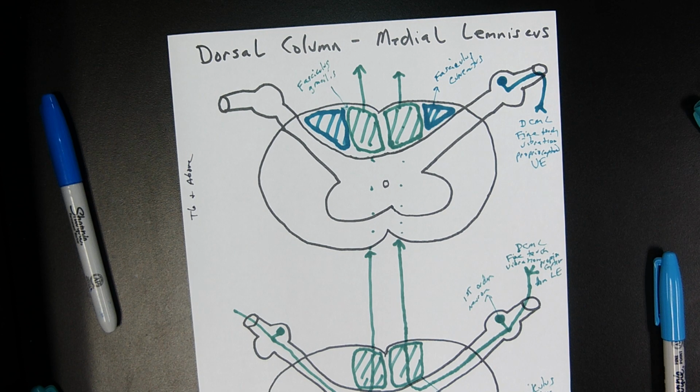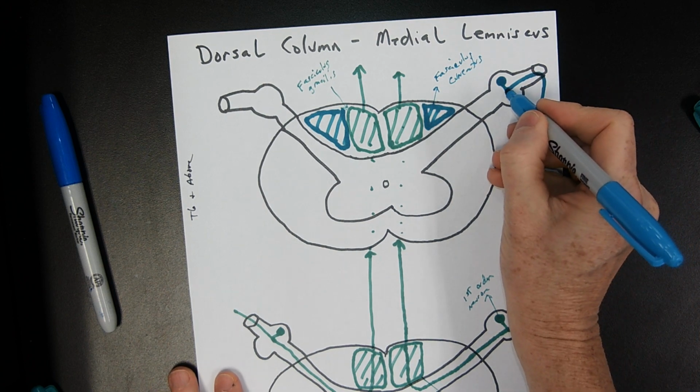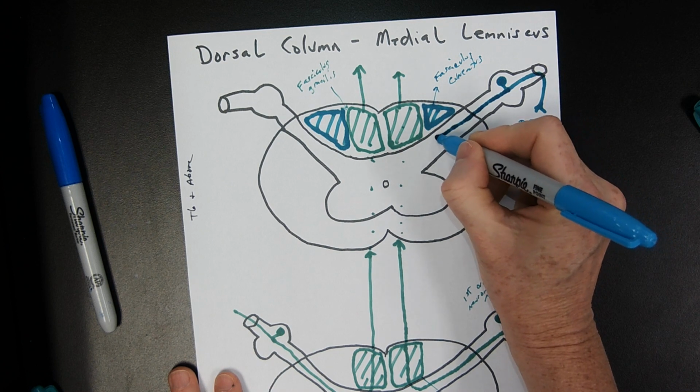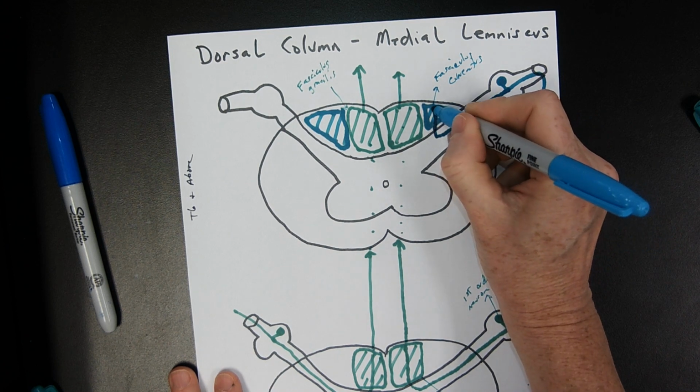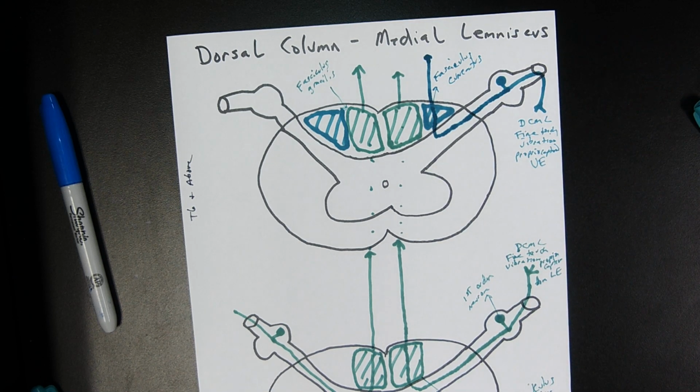Get a little bit of trunk in there. And what happens is that first order neuron comes in through the dorsal gray horn and then immediately travels up through the fasciculus cuneatus tract.